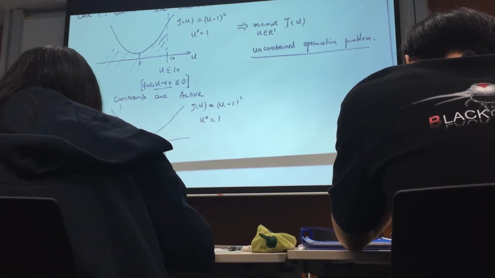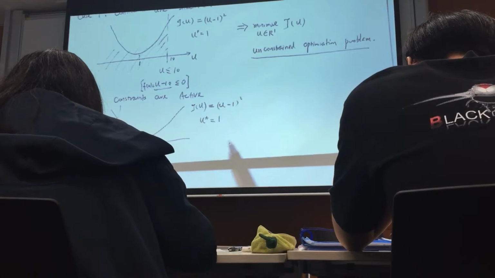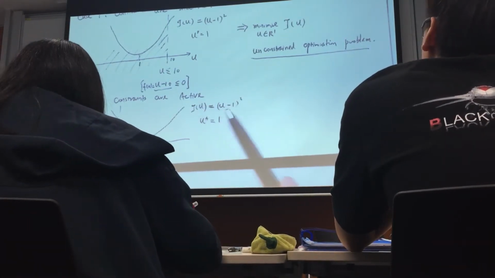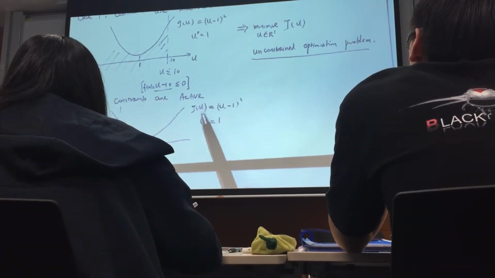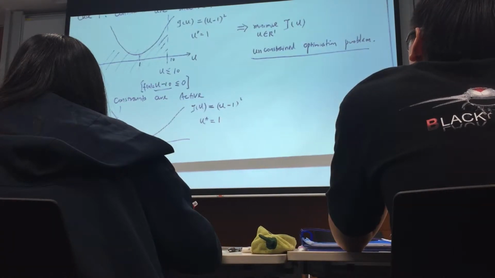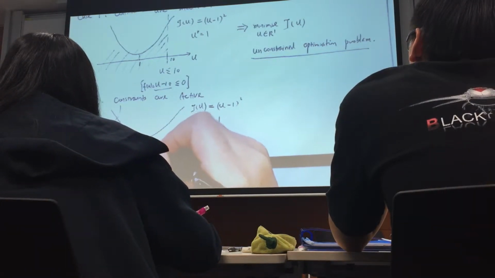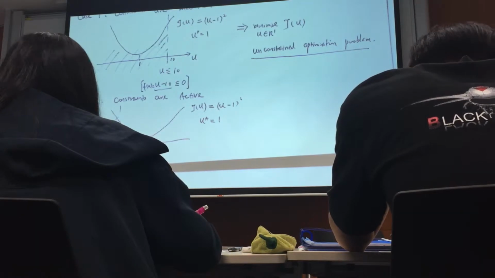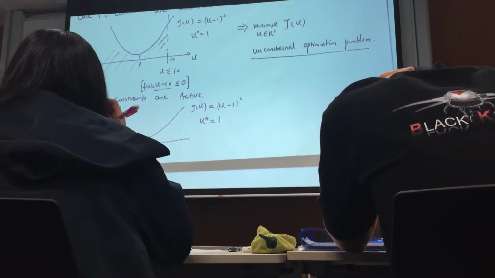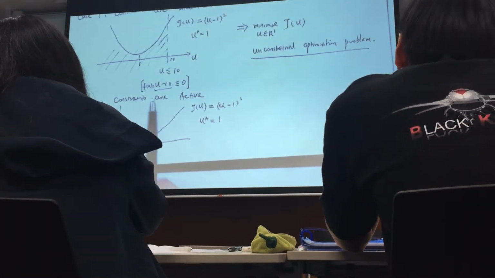So now we are required to minimize the cost function, but subject to this condition. So we cannot approach u equal to 1 because 1 is outside the boundary.